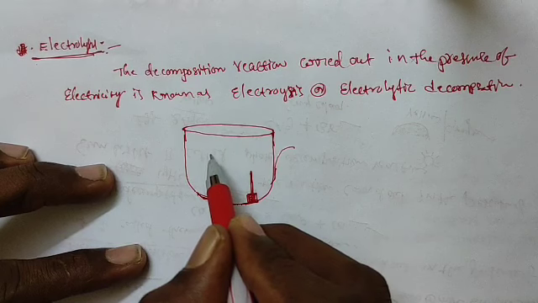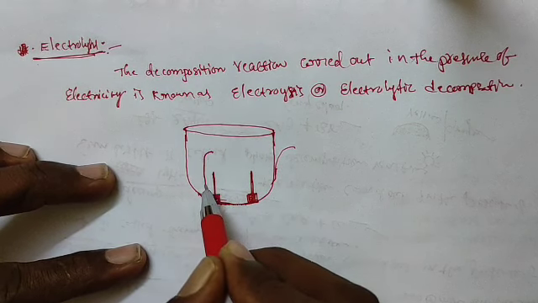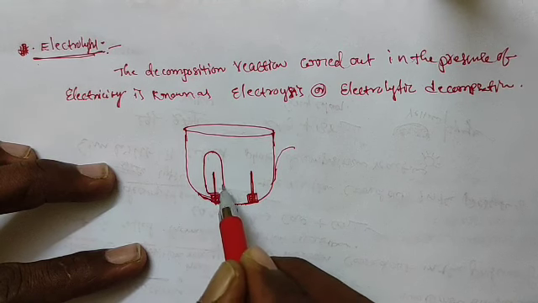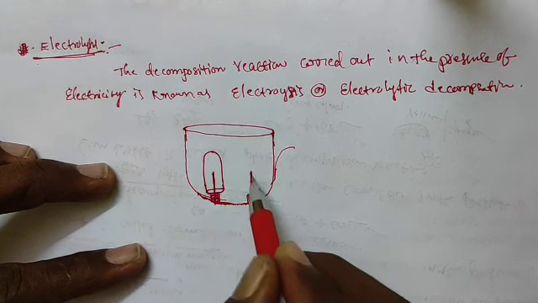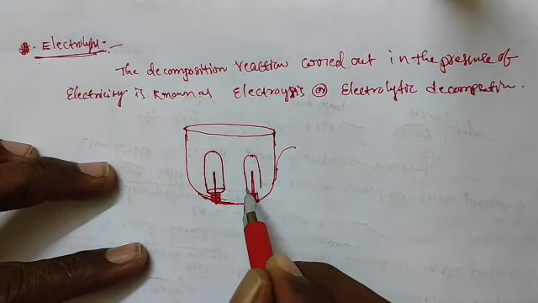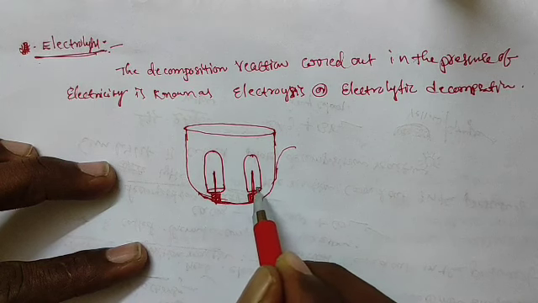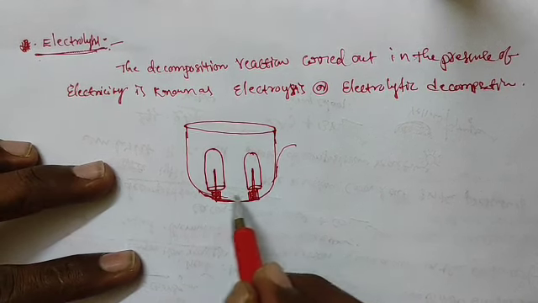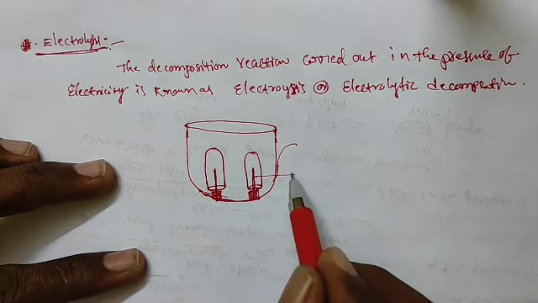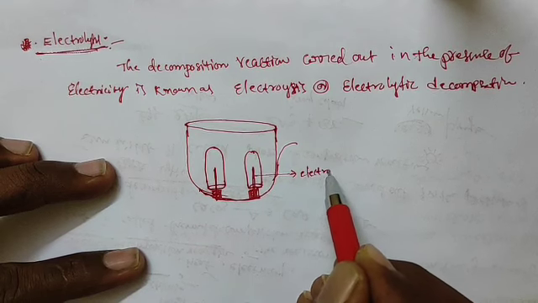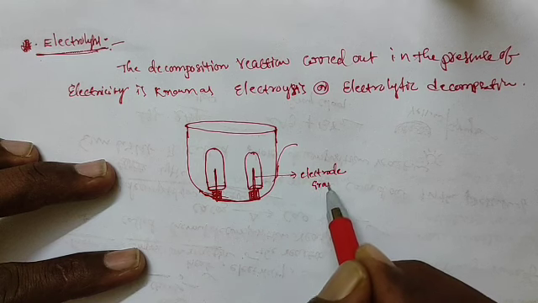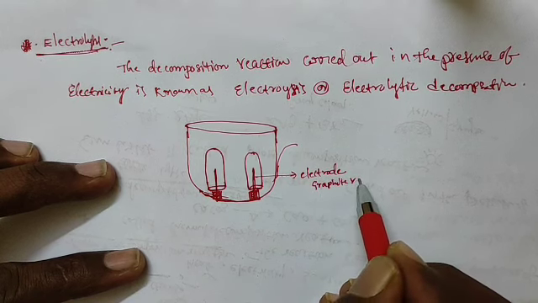So an inverted test tube we can keep like this. Here also one more inverted test tube, we can arrange it like this. Both the electrodes are graphite rods.